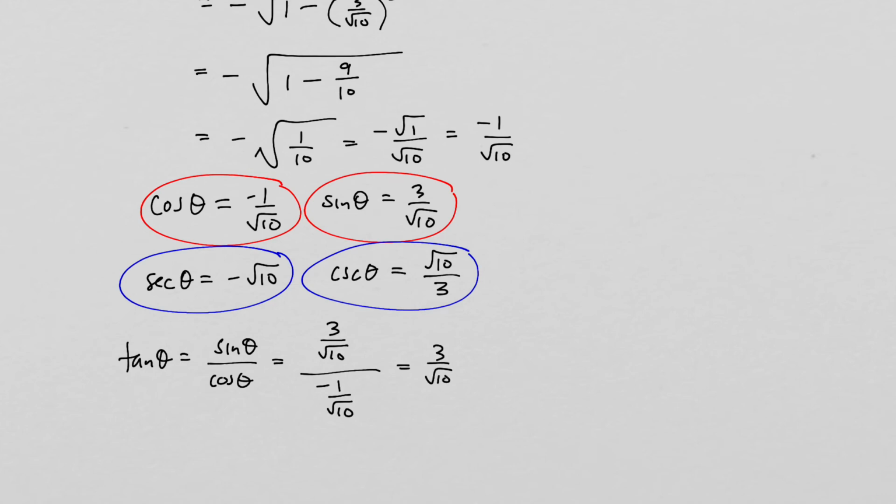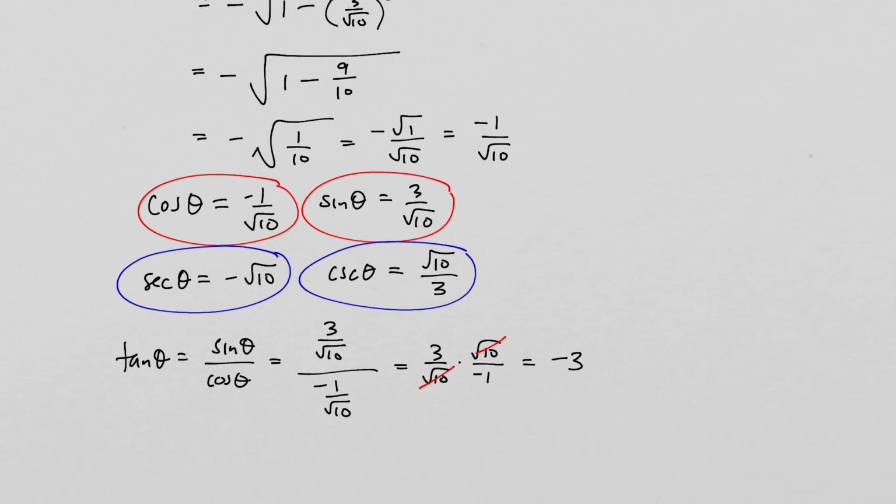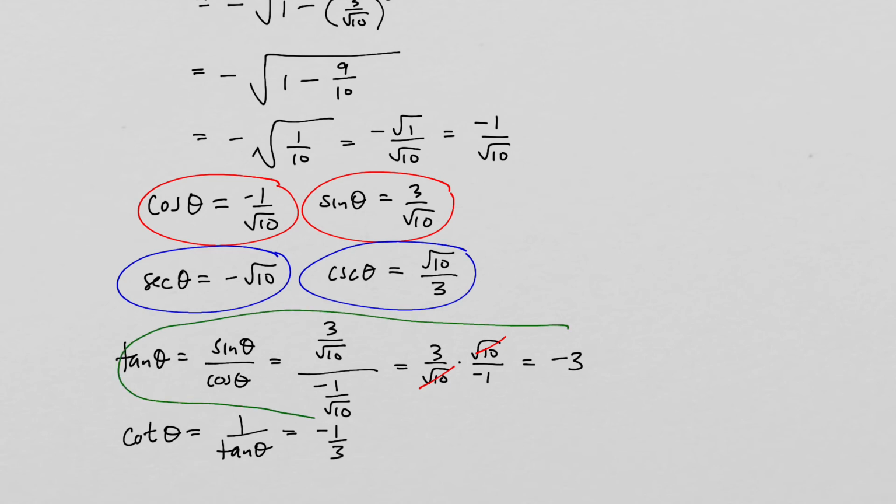And if you go through the motions here and do your division of fractions, you end up getting tangent is negative 3. And then cotangent, remember, is just the reciprocal of tangent. And the reciprocal of negative 3 is negative 1/3. So we can get all of the trig ratios. Once we have sine and cosine, we can get all the trig ratios very easily.